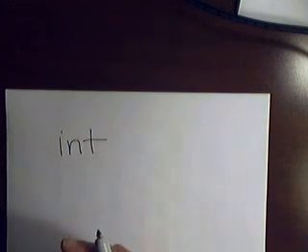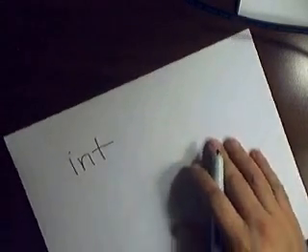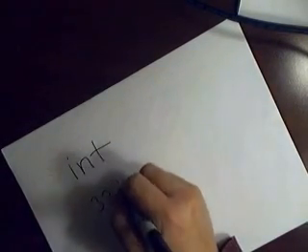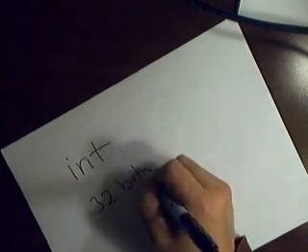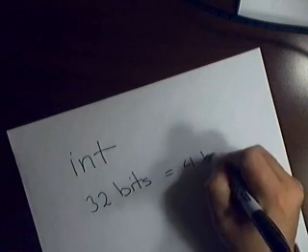There is really no standard way. It all depends on the microprocessor we're using. For instance, the de facto standard right now is that we use 32 bits to represent an integer. 32 bits is equal to 4 bytes.